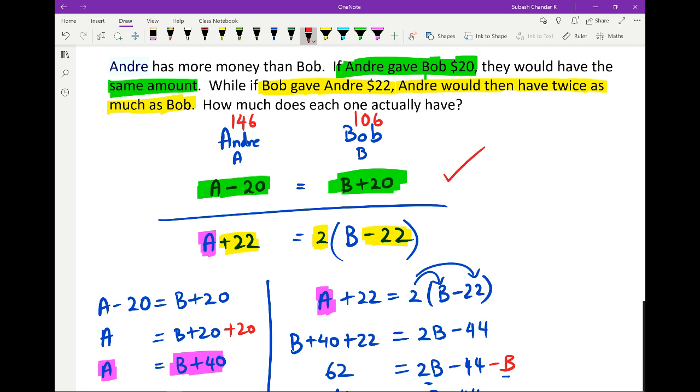If you do it the other way, if Bob actually loses $22, then he actually has 106 minus 22, which is going to be $84, which means Andre is actually going to gain $22, which ends up being 168. And you can see that 168 is double that of 84.